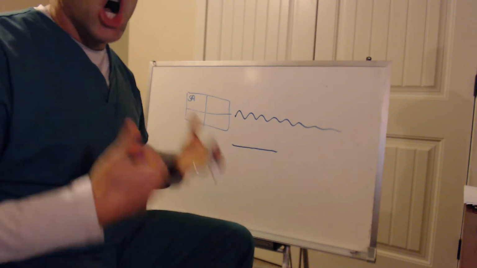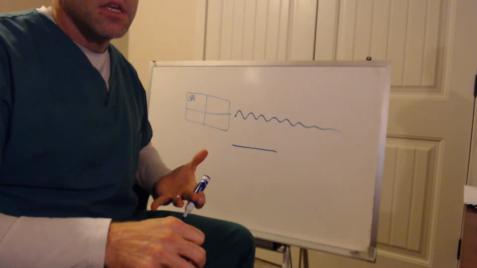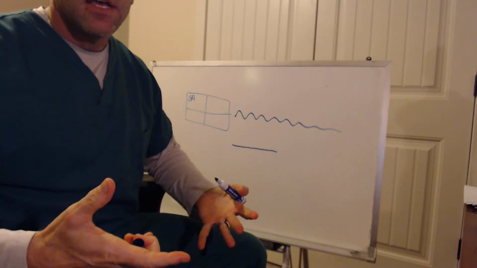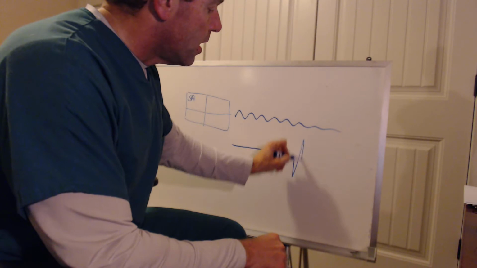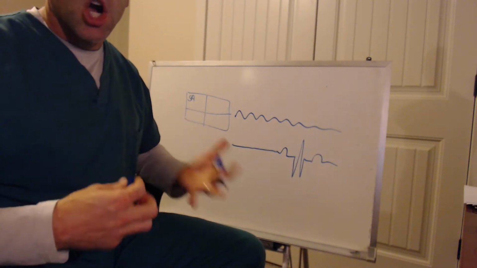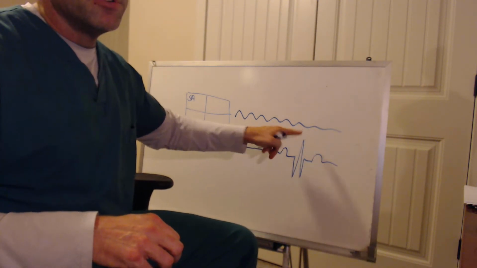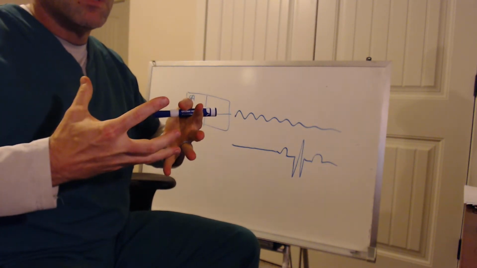Now, the hope is after they've been defibrillated that the SA node comes back online and then gives us some sort of a rhythm that's organized and can produce a cardiac output. Okay, because this is definitely not producing a cardiac output. The chambers don't have time to fill.